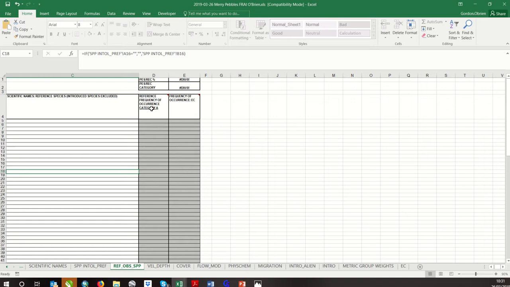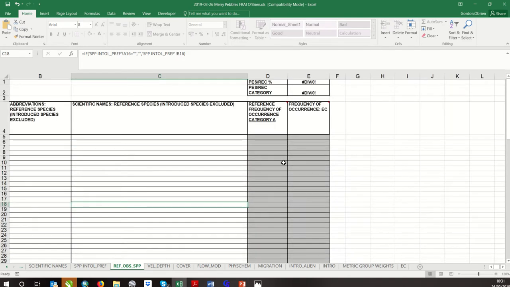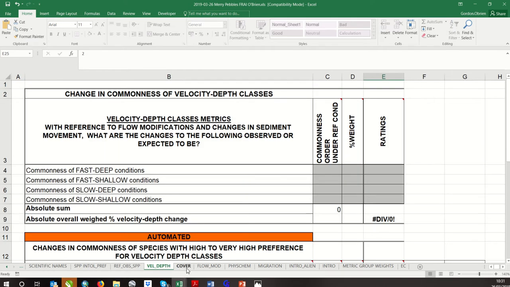And then you look at your frequency of occurrences and your changes in frequency of occurrences that you have obtained for the different sites. I'm going to show you how we'd look at that based on their data. And then you have all of the different metrics that you would be able to evaluate how that community, based on the preferences of the different species, could be influenced based on the presence, absence, or frequency of occurrence of different species.